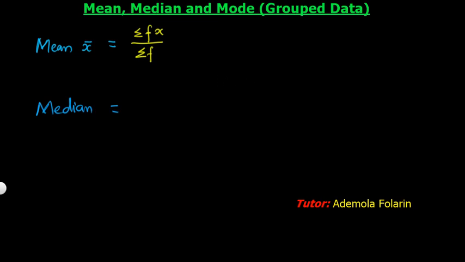But because we are dealing with grouped data, it follows a special formula, which is the lower class boundary of the median class plus, open bracket, the total number of scores, that is the total frequency n divided by 2, minus the cumulative frequency before the median class, divided by the frequency of the median class, all multiplied by the class size.